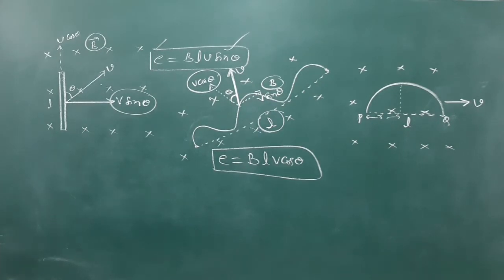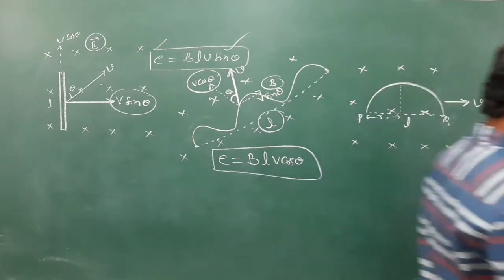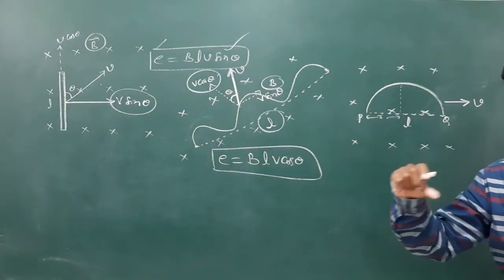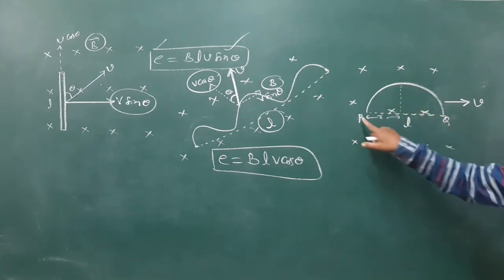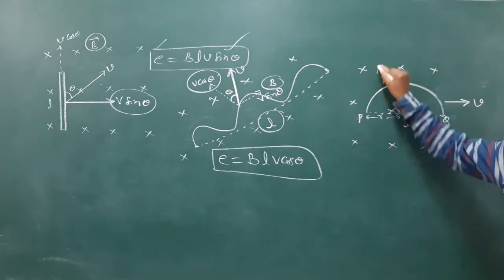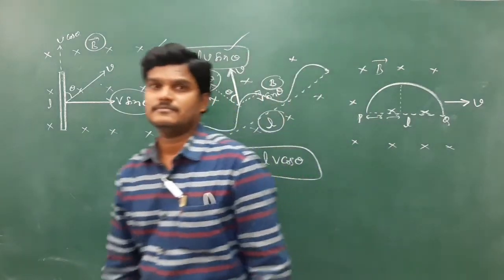Yeah, it's coming, no problem. To try this, the field is into the board. Replace this semicircular wire with a rod. Okay, replace the semicircular wire with some wire of length L. And this wire is moving in this direction. B is into the board, along the Z axis.